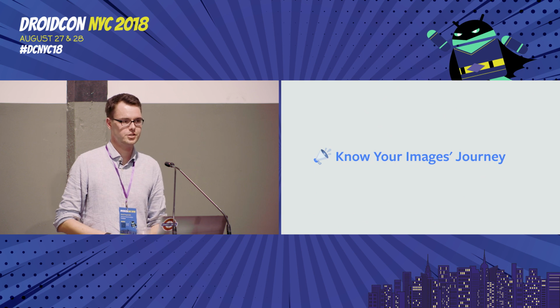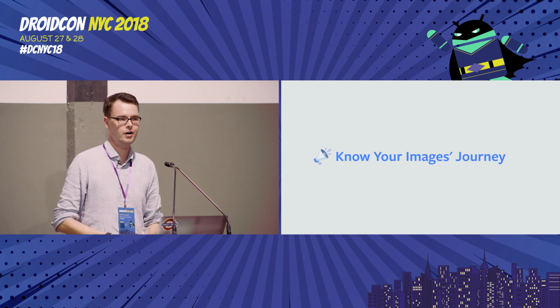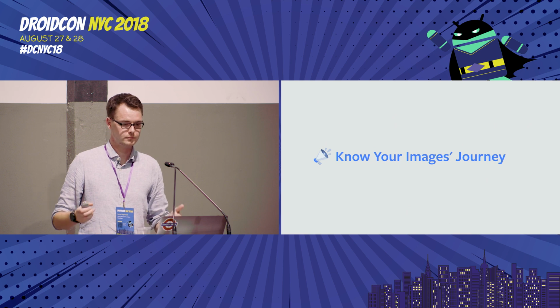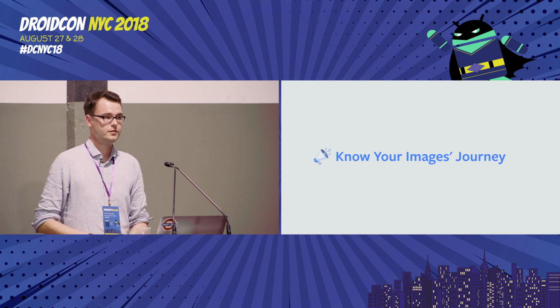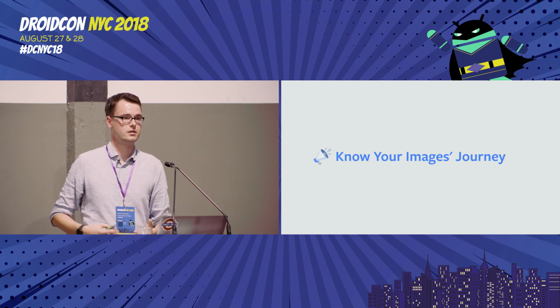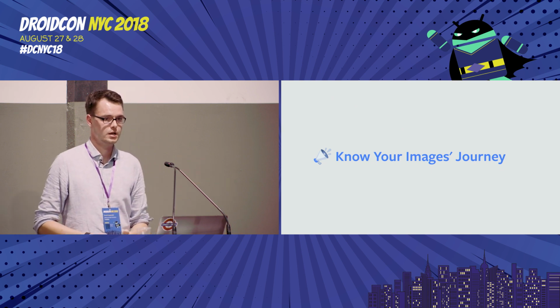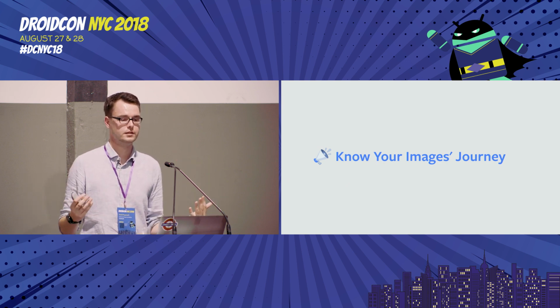So be cautious with all the more modern image formats and all the things that are very tempting to try out. Think about who is creating the image in which situation and who is going to consume that image, and how can you make this entire journey a nice, holistic approach.